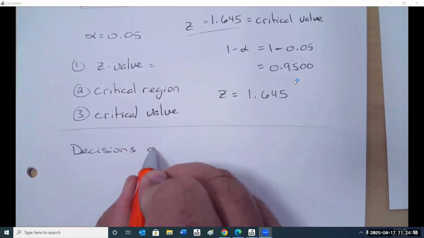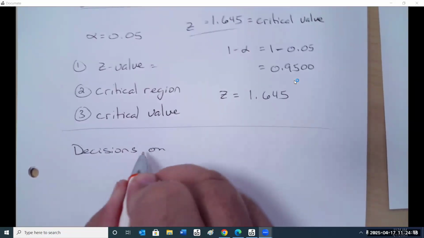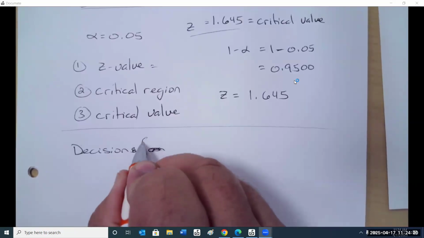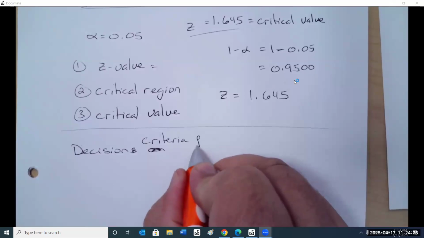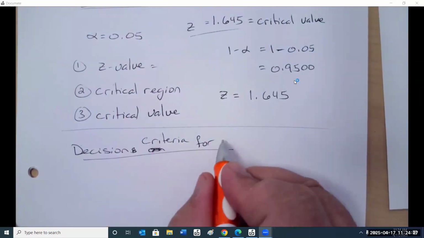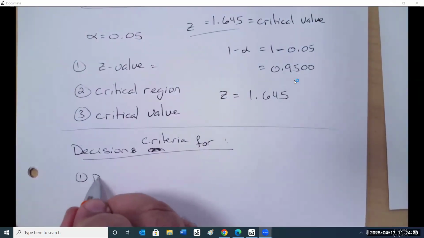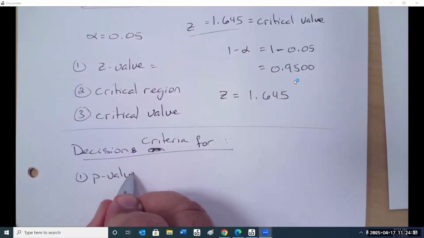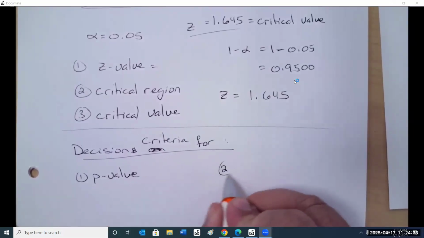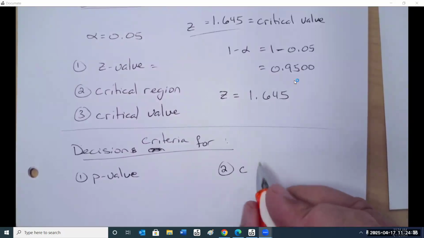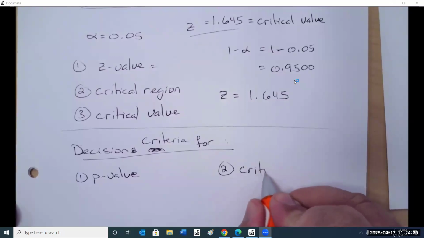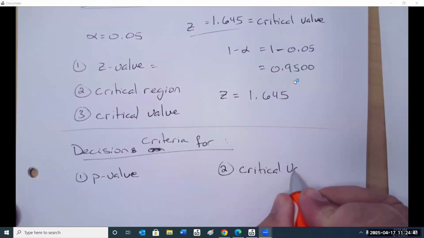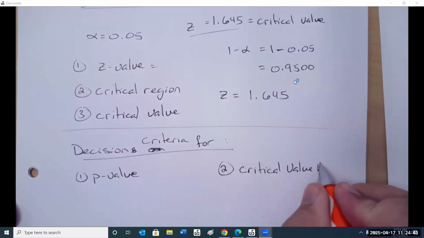So decision criteria for p-value versus the critical value method.